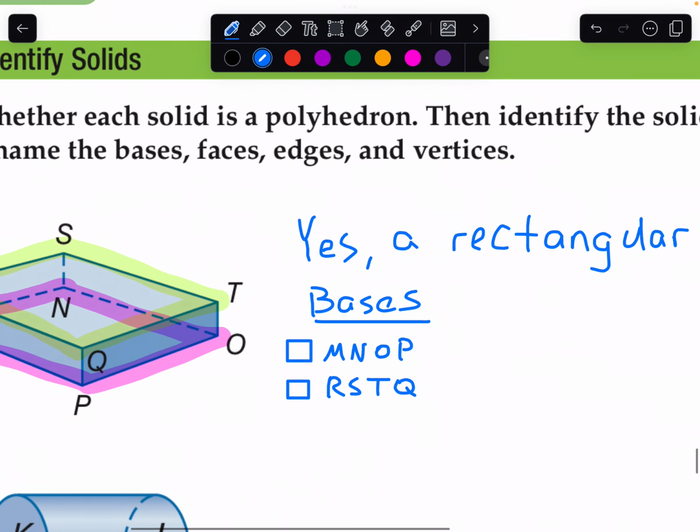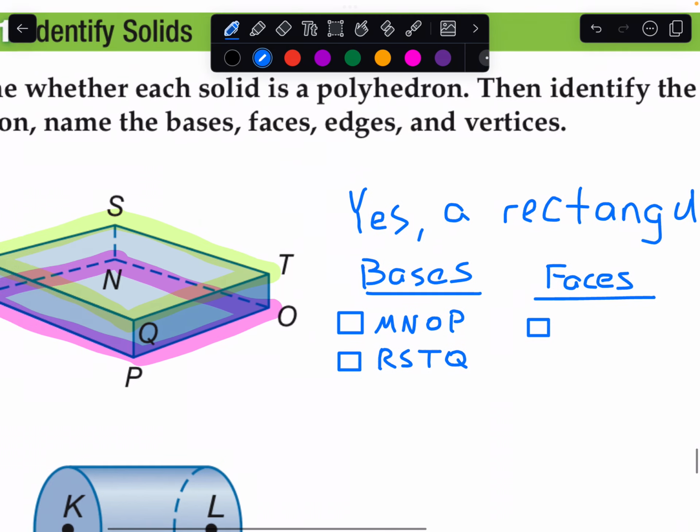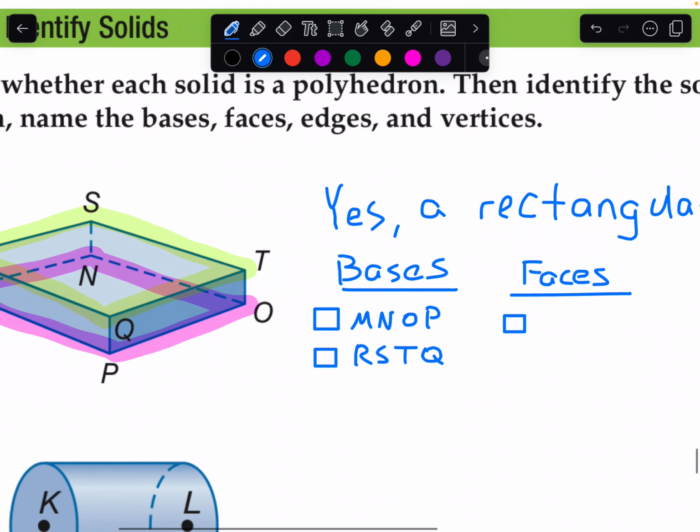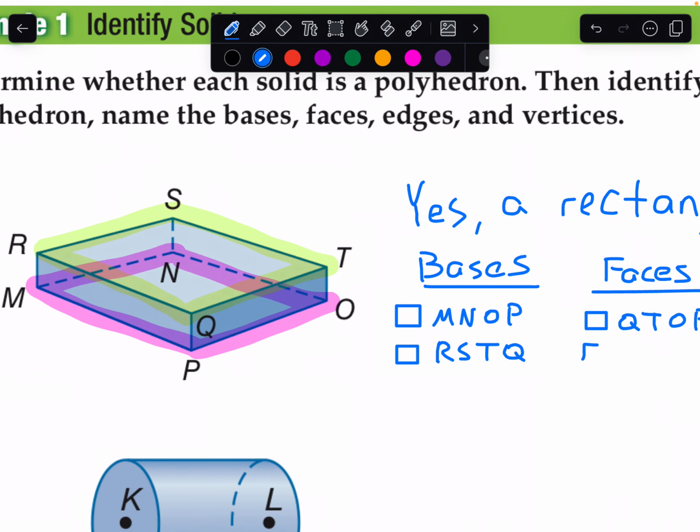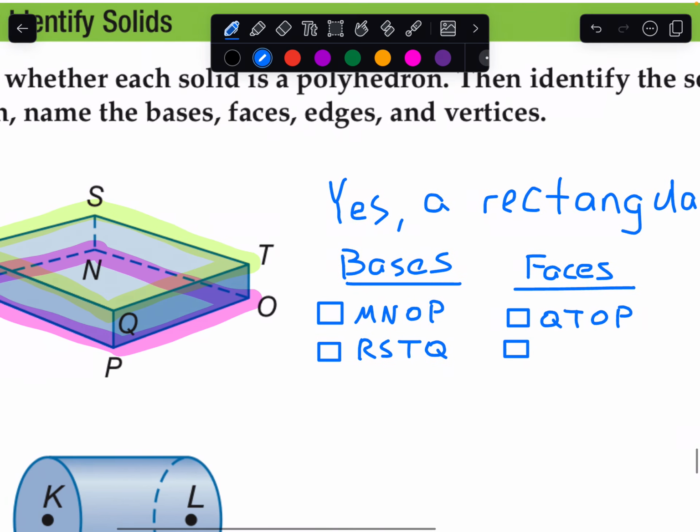Other faces would be the other 4 rectangles. So I'll call it the front-facing one, QTOP, and then its parallel partner in crime, as it were, at the back there. Make that a little bit longer. RSNM.